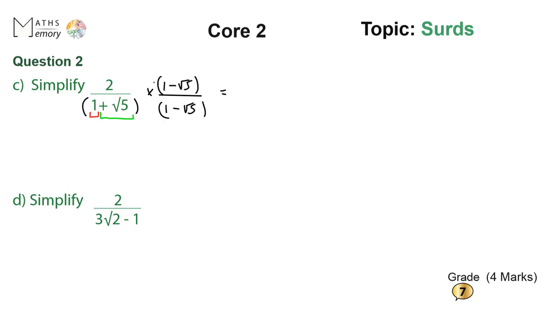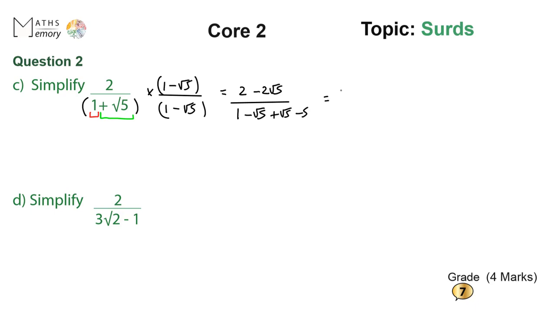Now, we times top, 2 times 1 is 2, and 2 times minus root 5 is simply 2 minus 2 root 5. Now, we look at the crab claw method in the denominator, and we multiply these out, and now you'll see why the minus makes a difference. 1 times 1 is simply 1. 1 times minus root 5 is minus root 5, plus root 5, and we have minus 5 over here.